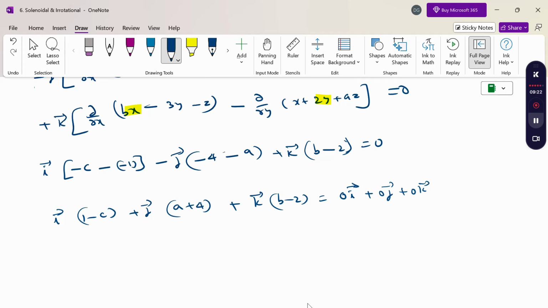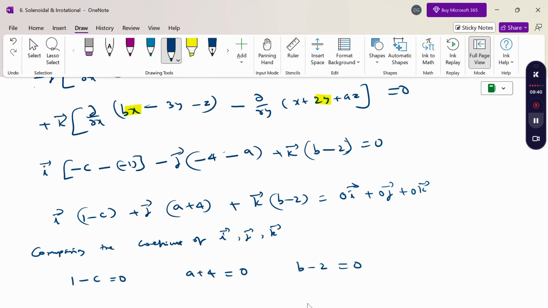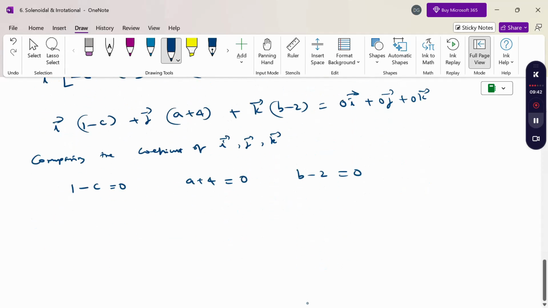Now comparing the coefficients of i vector, j vector, k vector: 1 minus c equal to 0, a plus 4 equal to 0, b minus 2 equal to 0.